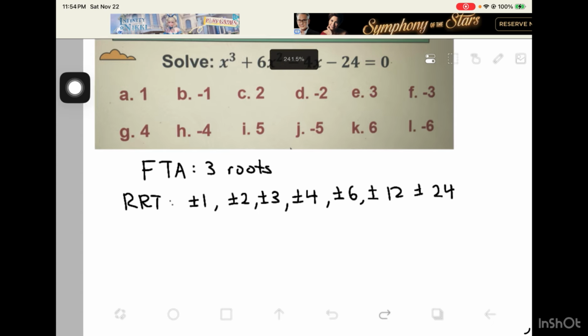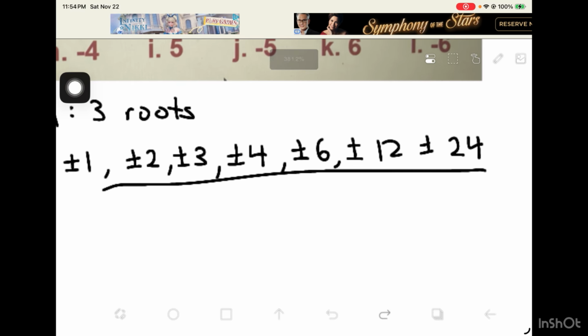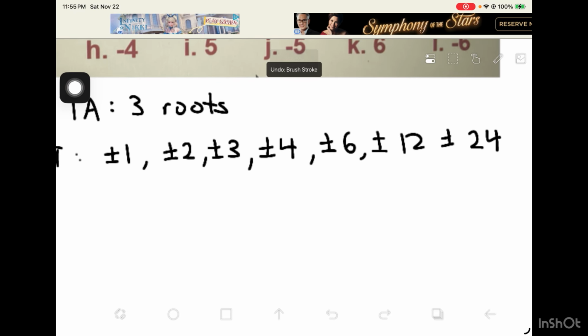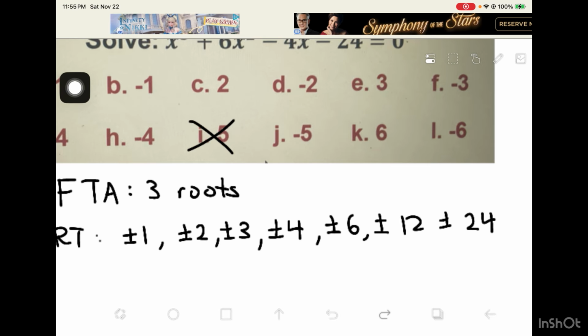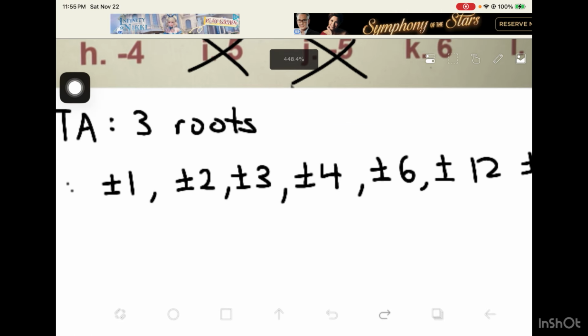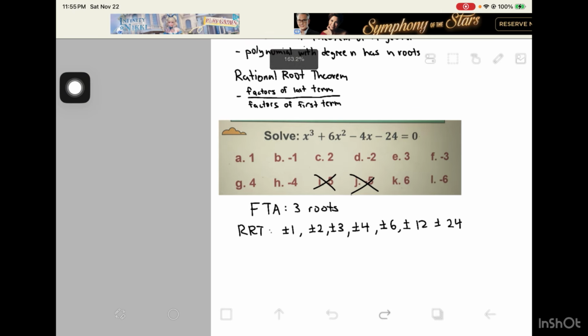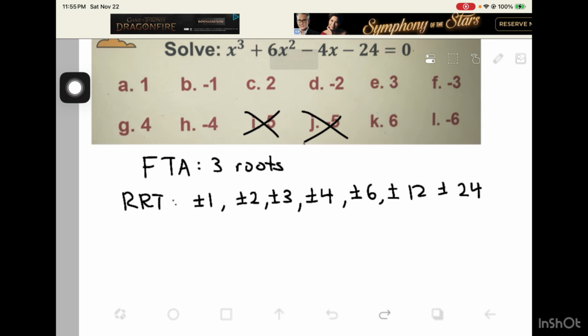And since the factor of the first term is just 1, we can just cancel that out, because this is the list of terms. Now as you could see, we can already eliminate an option here, which is plus minus 5. By RRT, it's not listed here because 5 is not a factor of 24. So we can eliminate those.